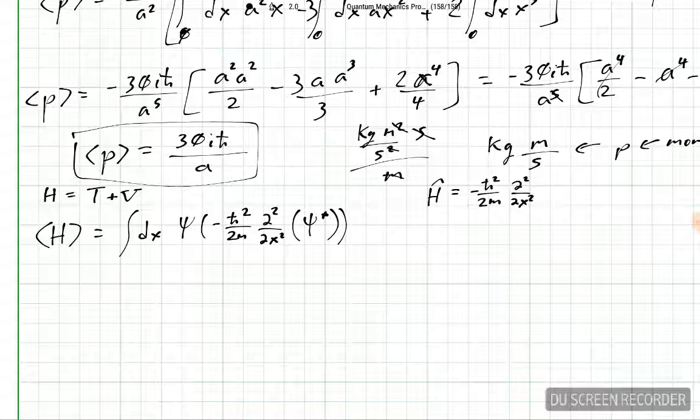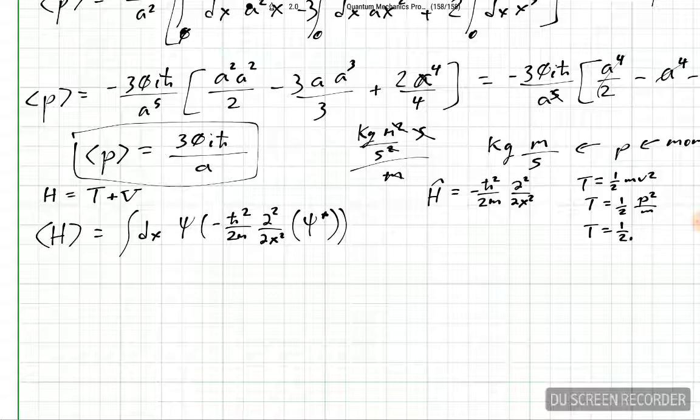So just like how you have coming from your kinetic energy being this guy, and then being 1/2 momentum squared over m, and then taking the operator form of your momentum, because our potential energy inside the well is 0.